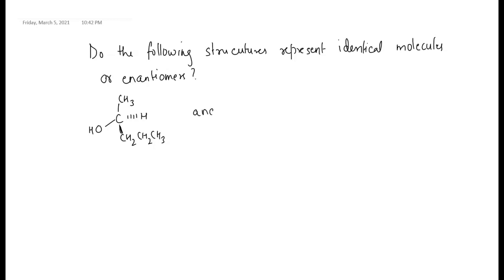And then the other pair is COH. I have a CH2, CH3, CH2, CH3. Then I have a hydrogen that's sticking out, and then I have a CH3 here. Now you have to look at these two pairs and tell whether they are enantiomers or identical molecules.